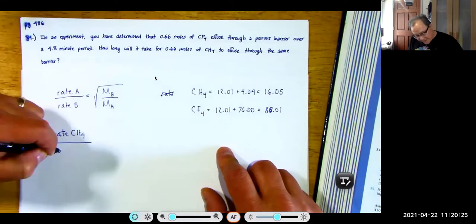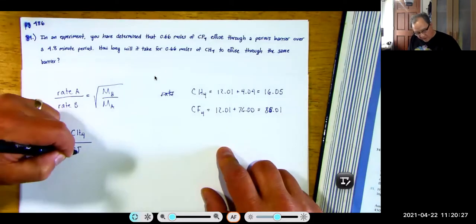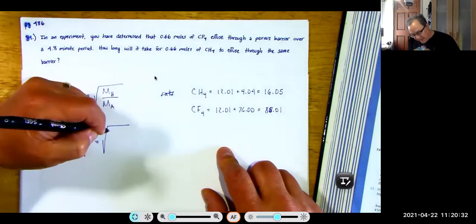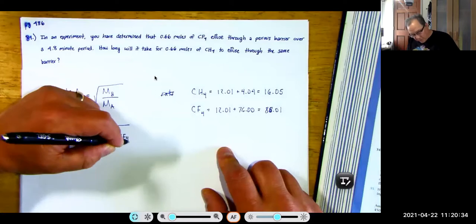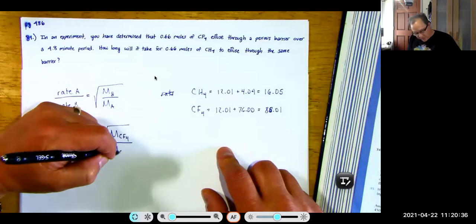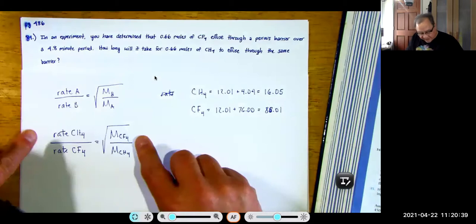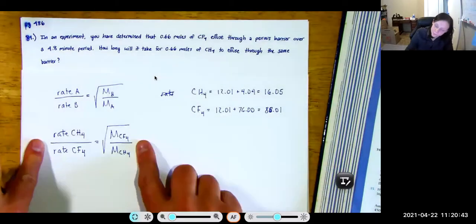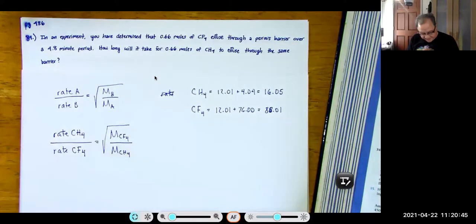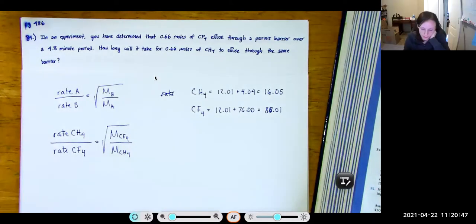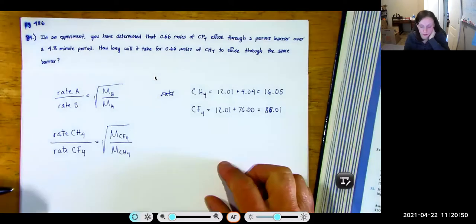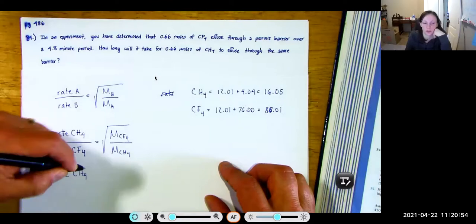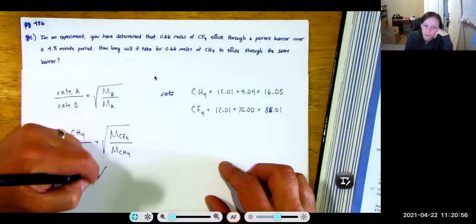Rate of CF4 is equal to the square root of the molar mass of CF4 over the molar mass of CH4. So does this make sense given what we have in this problem? Okay, so how do you want me to manipulate this? So we need to isolate the rate of CH4. Okay. So we're going to multiply each side by CF4.